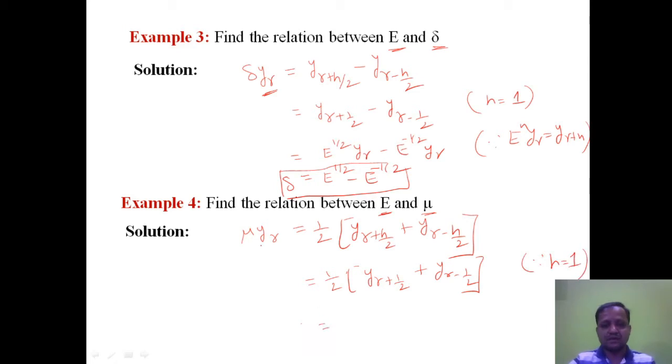So the left hand side y r is there. Using shift operator, you can write E power 1 by 2 plus E power minus 1 by 2 on y r, which I am writing on the right hand side. We can cancel out y r. Therefore, the average operator mu is equal to 1 by 2 of E power 1 by 2 plus E power minus 1 by 2. This is the relation between average operator and shift operator.